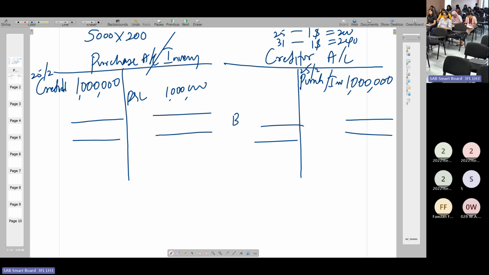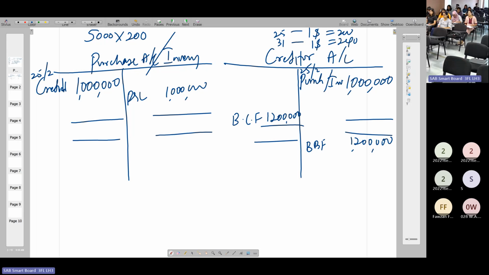Total balance carried forward 1.2 million. Balance brought forward 1.2 million. Right? Now, this account should be balanced.